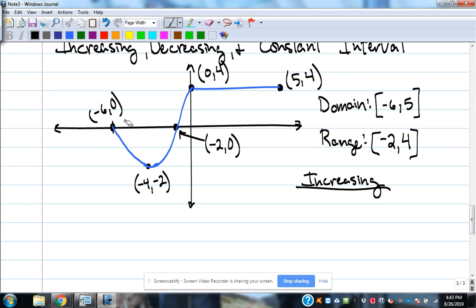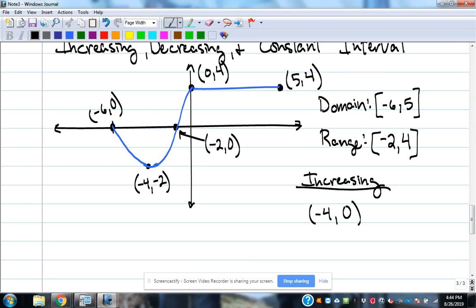It's going down. It's decreasing. So that's going to tell me that's probably a decreasing interval. Where does it change directions? At -4, -2, it turns around and starts going up until I get where? To 0, 4. So my interval of increase is from -4 all the way to 0. So I've got an increasing interval from -4 to 0.